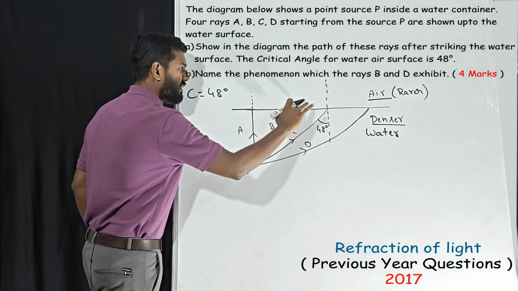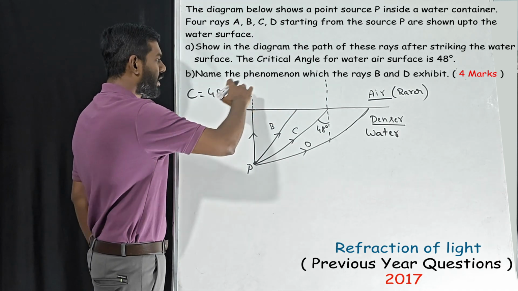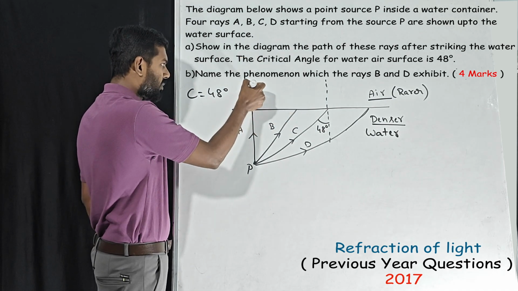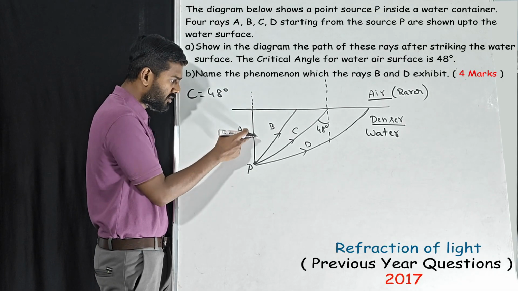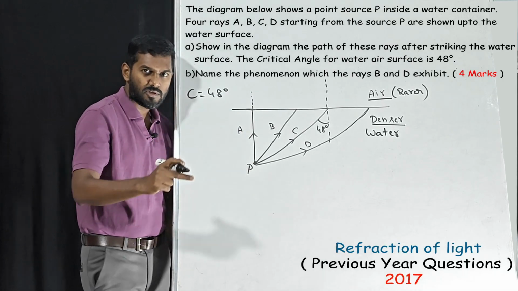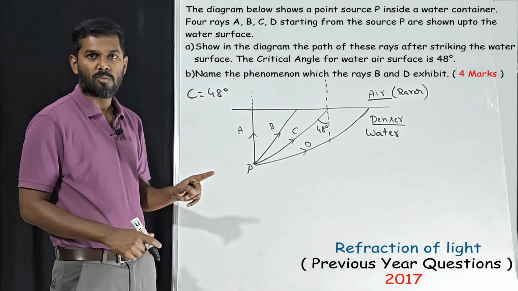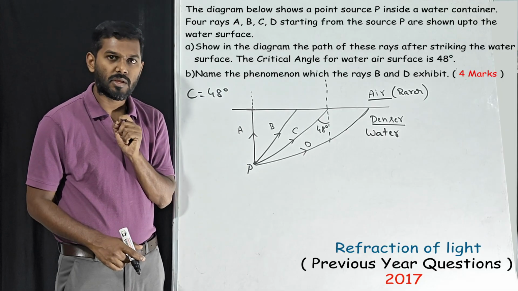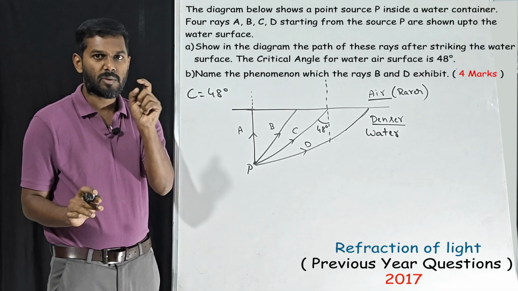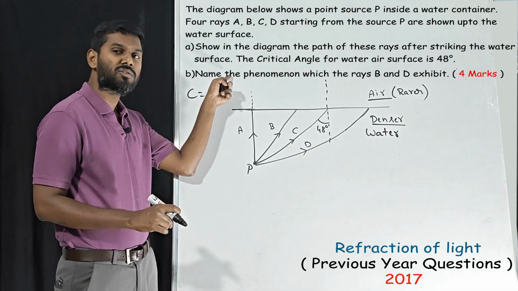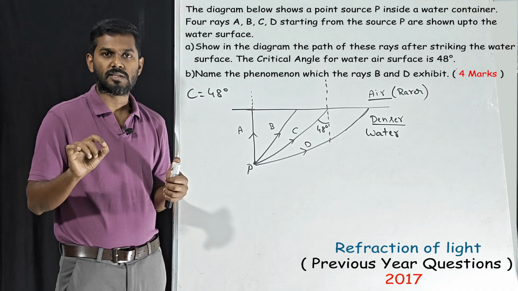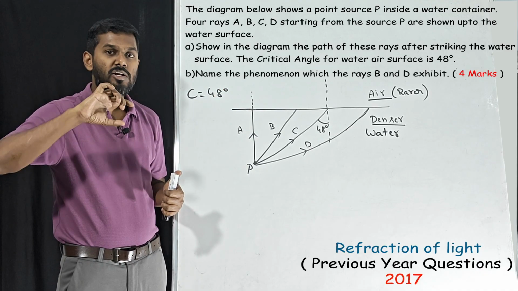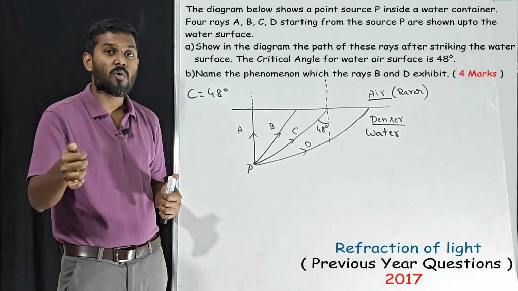Because the surface is very straight. If you keep the compass and draw the normal, you will get exactly the normal ray here, on this incident ray. If the incident ray is on the normal, what is the angle of incidence? That will be 0, correct? In some questions they will give you the hint like this: a ray is incident normally on the surface. That means what?